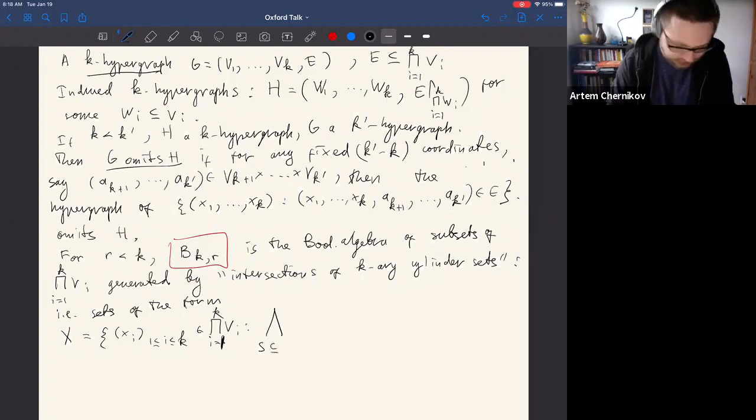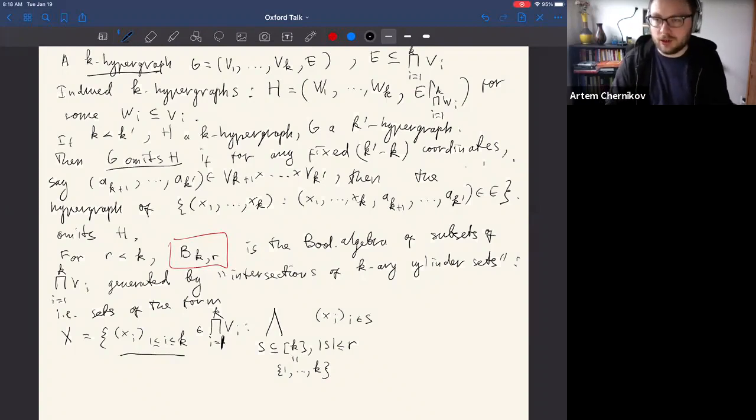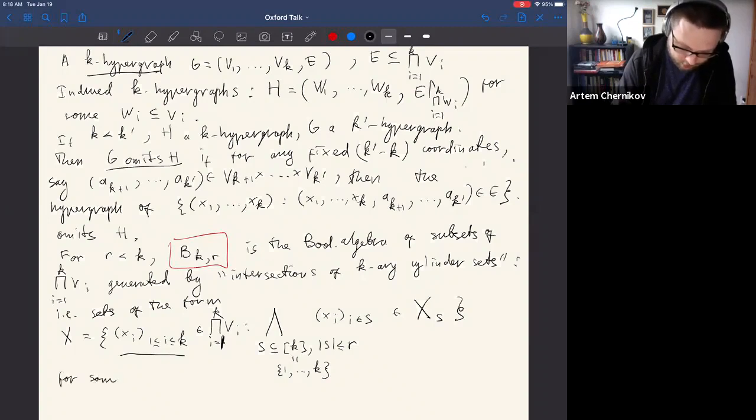So for all sets S subset of [k], the standard notation for the set of natural numbers 1 through k, such that the size is at most r, the corresponding subtuple, those indices which are in S, belongs to the set X_S for some choice of sets X_S, a subset of the product of the V_i, where i is in S.